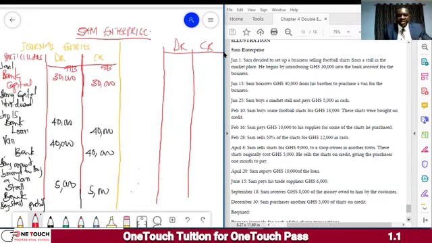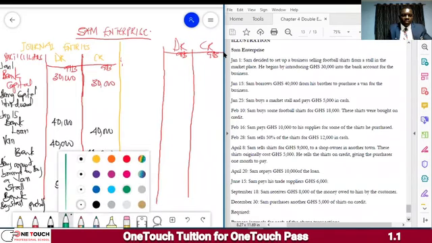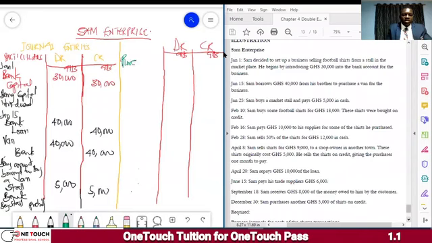Sam buys some football shirts for 18,000. These shirts were bought on credit. Okay, good. So we have purchases of 18,000. When you buy for resale, or when you buy your trading item, it denotes what?